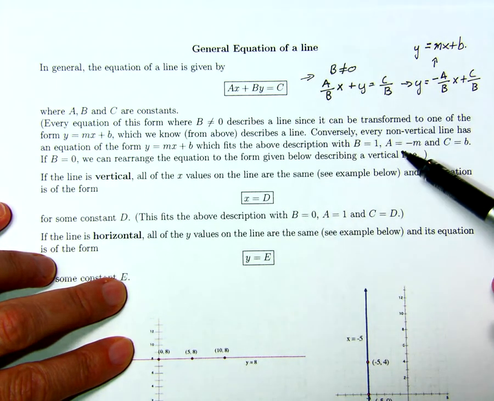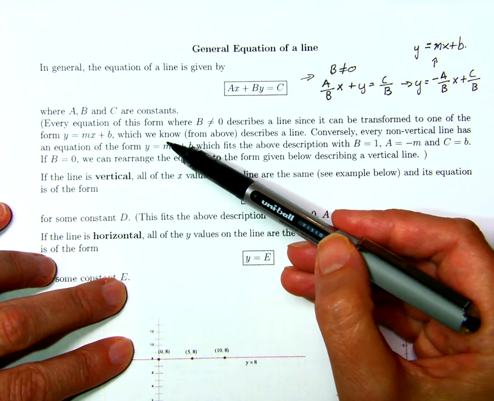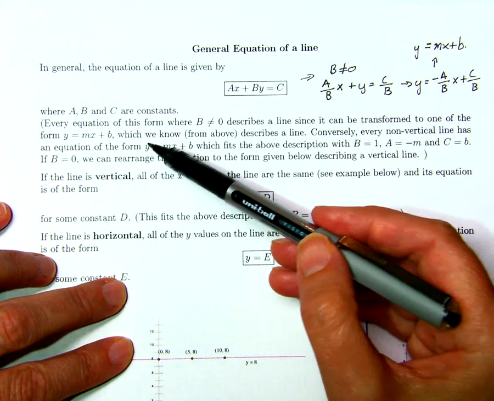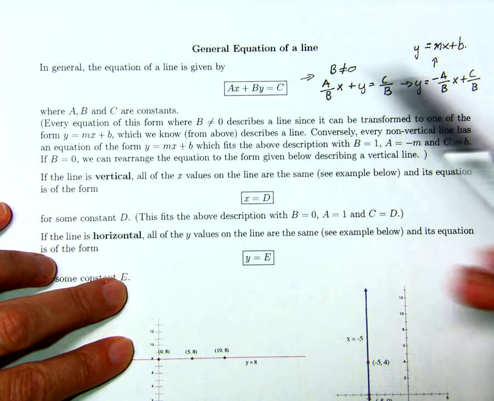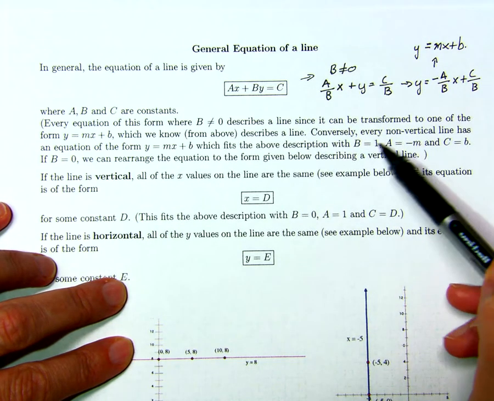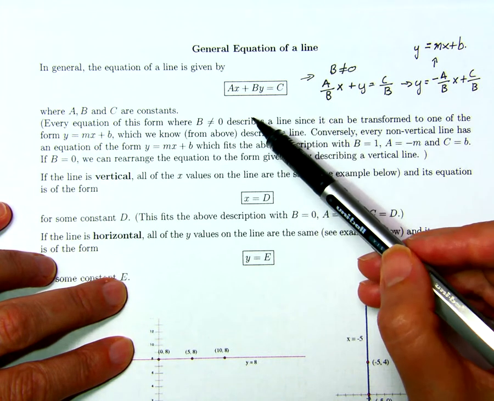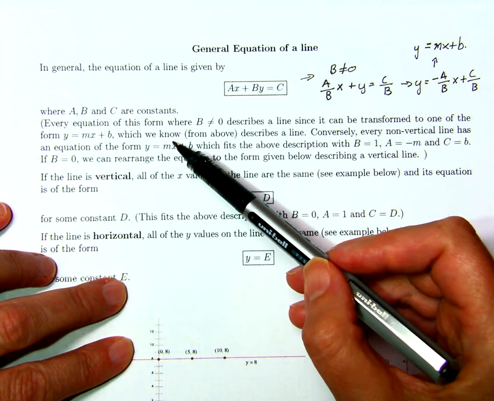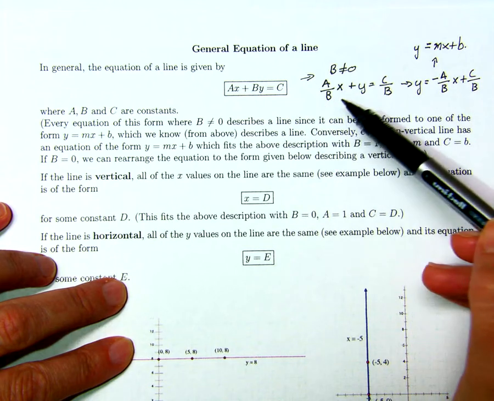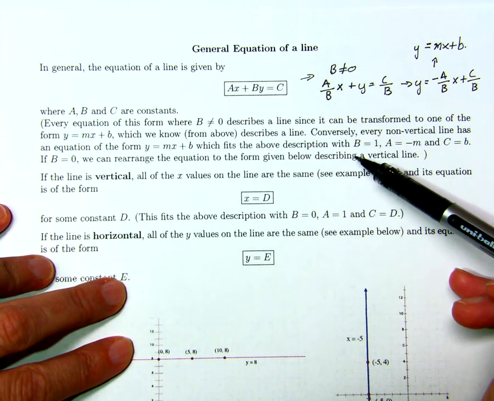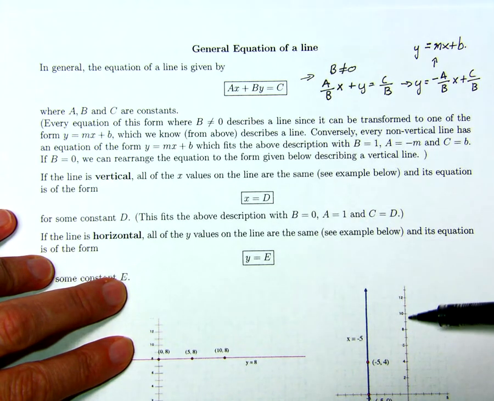And if I set a equals negative m, so that when I bring it over here, I get negative mx plus y equals this lowercase b, which I can take as c here. So every non-vertical line looks like this. Everything that looks like this with b not equal to 0 is a line, and every non-vertical line has an equation that looks like this. What about vertical lines? Well, if a line is vertical, then all of the x values are the same on the line.